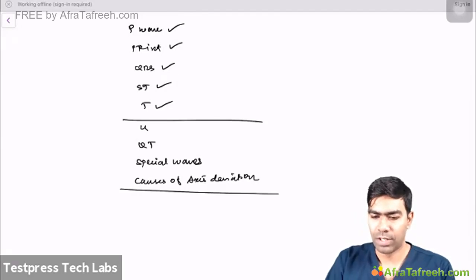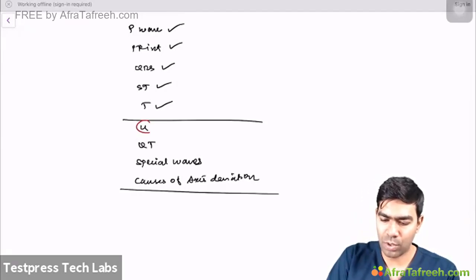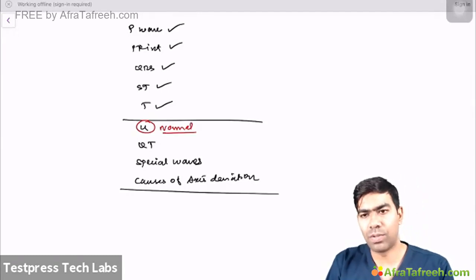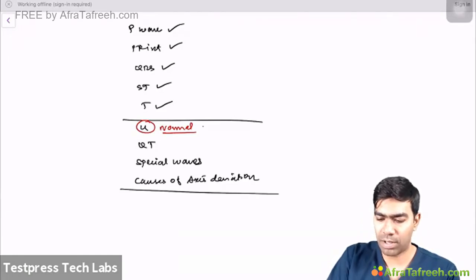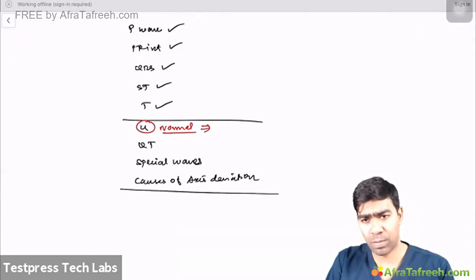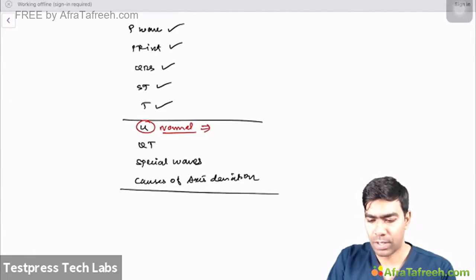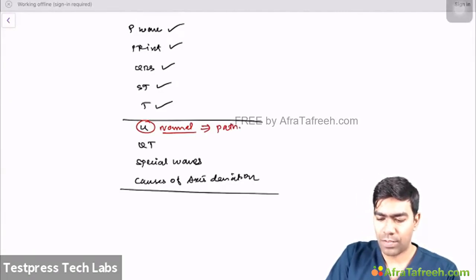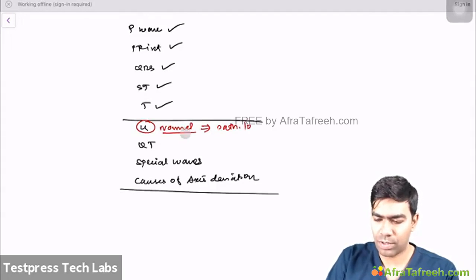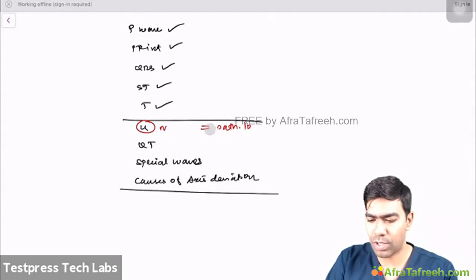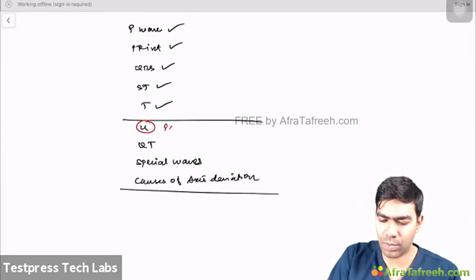That's all. So as far as the U waves are concerned, U waves are a normal phenomenon, basically, in certain ECGs, but remember, it will be very, very small. Many times you will not be able to see it. So if you are able to see the U wave, or if the U wave size becomes bigger than the T wave, then of course it is a pathological U wave.